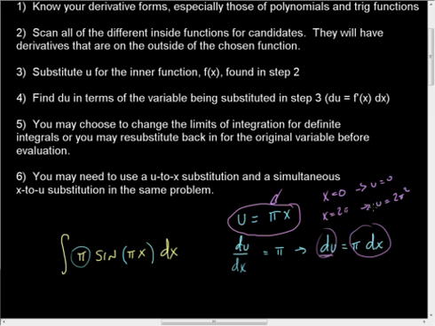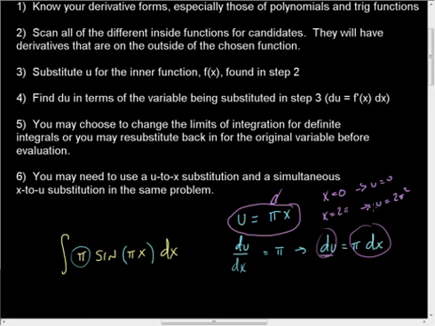And so when you make these substitutions, you will be changing those limits. Again, you can choose whether to substitute, integrate, and then unsubstitute effectively, then evaluate, or you can substitute, find new integration limits, and then continue with that definite integral as you would any other.